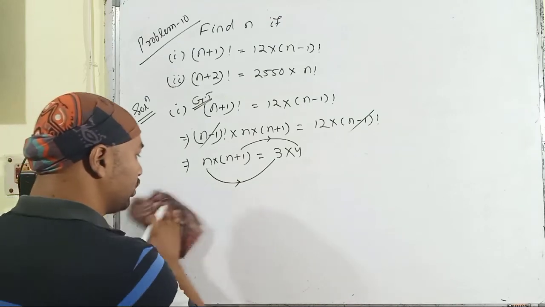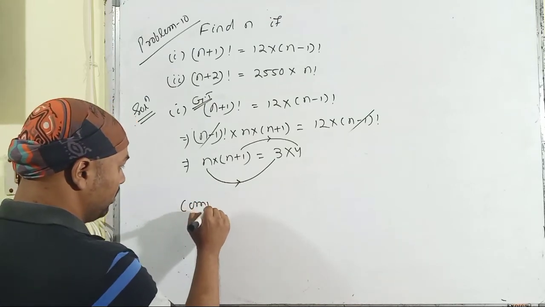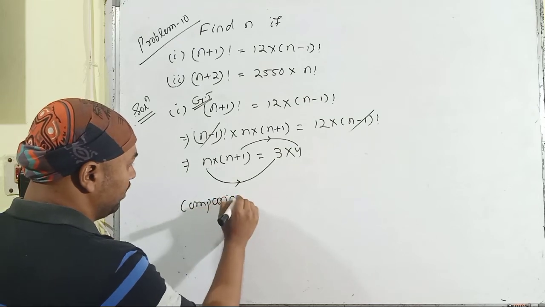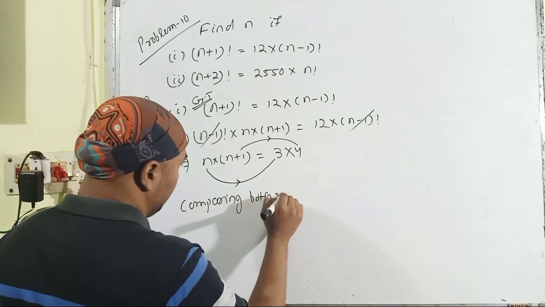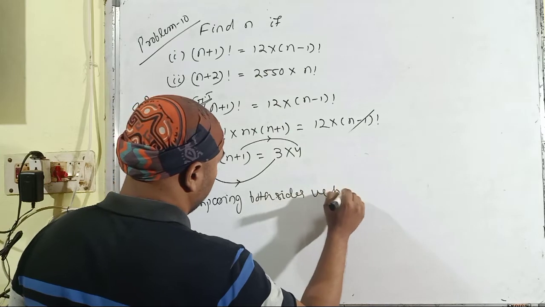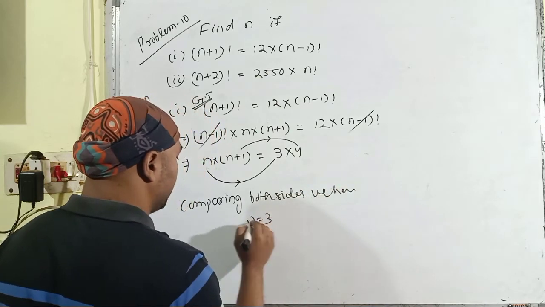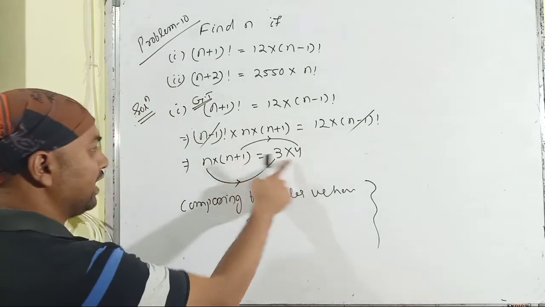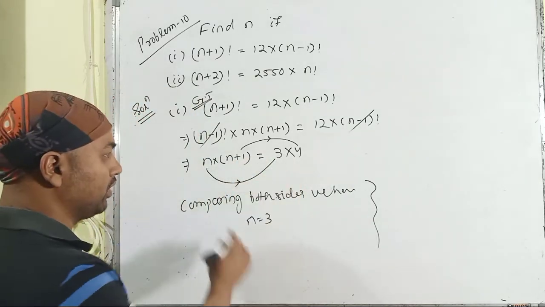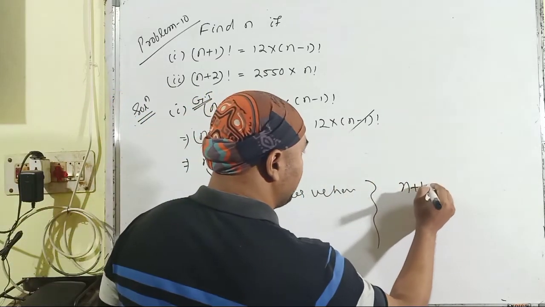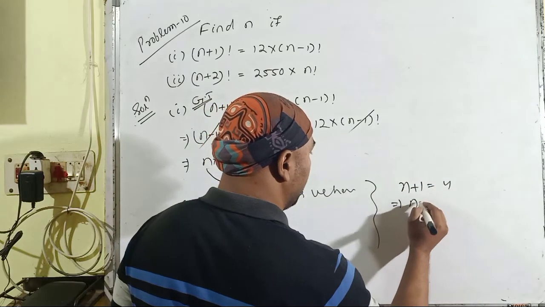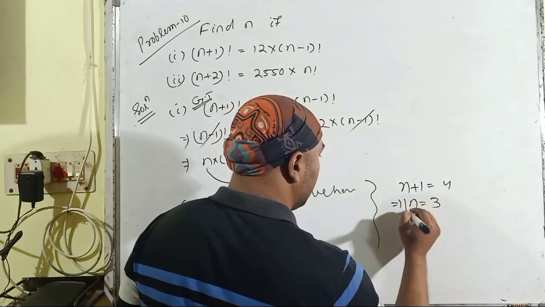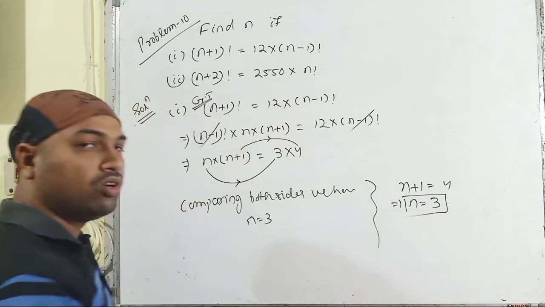So comparing both sides, we have n is equal to 3. Suppose you have compared the last two terms, the greatest numbers, n plus 1 with 4, then again you will get the same value, n is equal to 3.